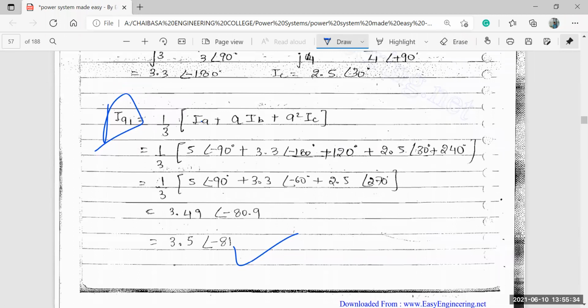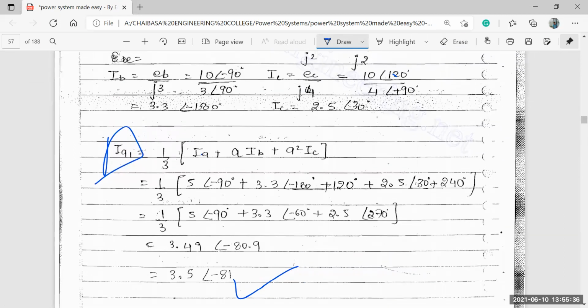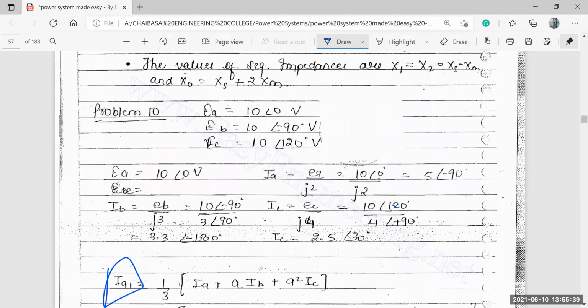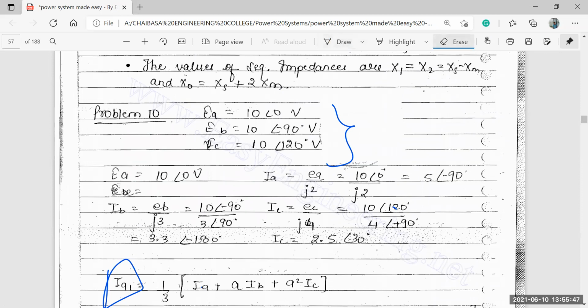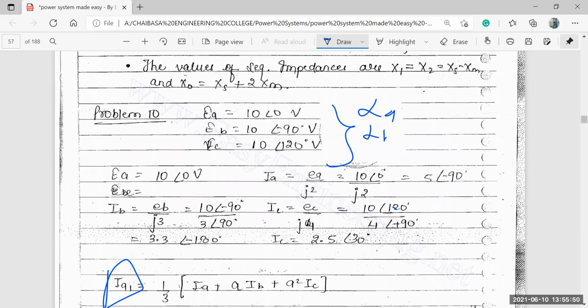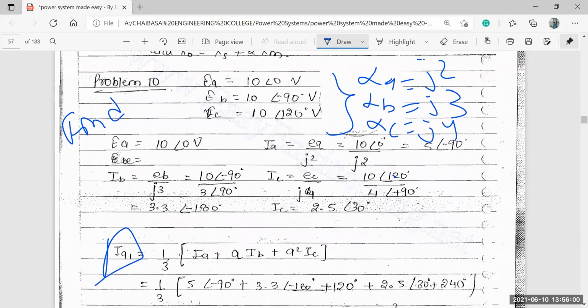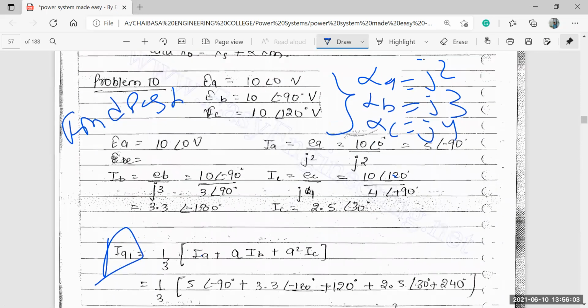And this particular question asked to calculate the positive sequence component. It has been given ZA, or we write XA, J2, J3 and J4, and they have asked to find the positive sequence component of current.